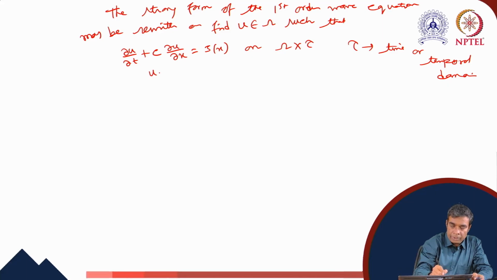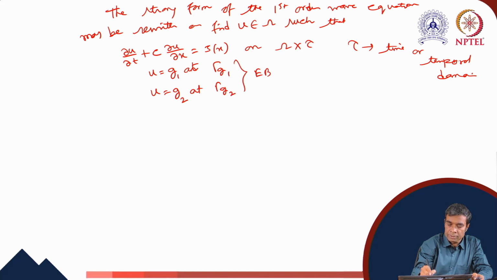Here u equals to g1 at gamma g1 and u equals to g2 at gamma g2. So these are the EBCs.